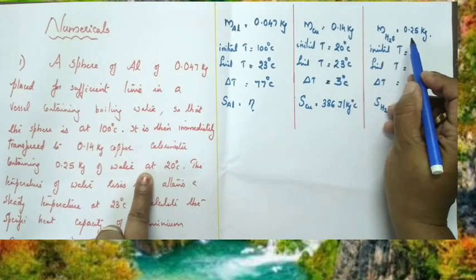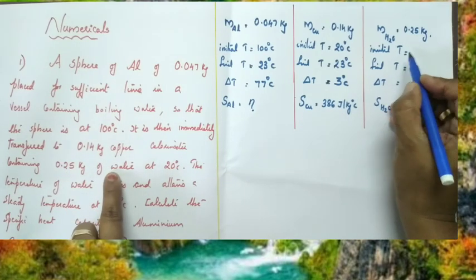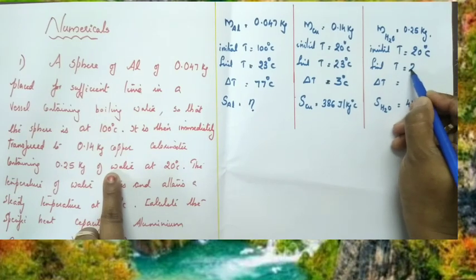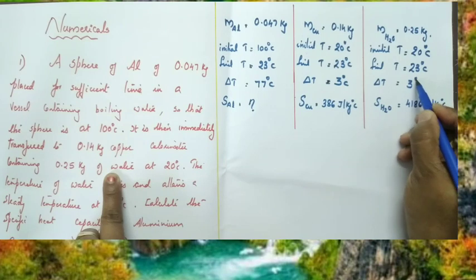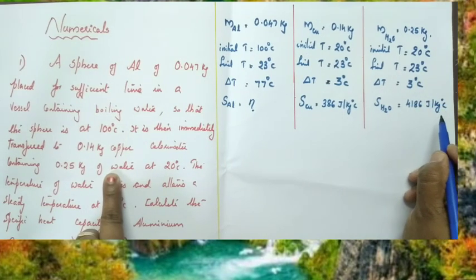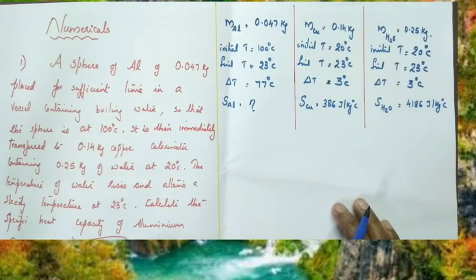And for water, what is its mass? 0.25 kilogram. What is the initial temperature of water? 20 degrees Celsius. What is the final temperature? That is also 23. And the change in temperature is 3 degrees Celsius, and specific capacity of water is 4186 joule per kilogram degree Celsius. So these are the values given.